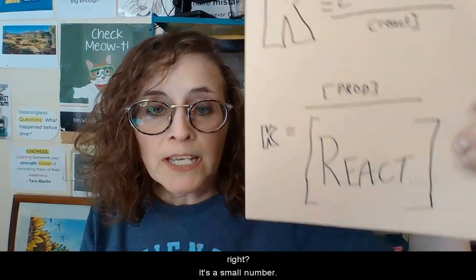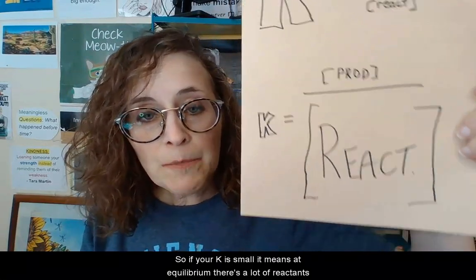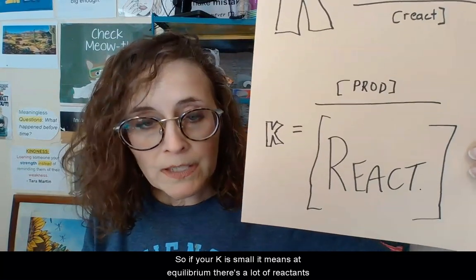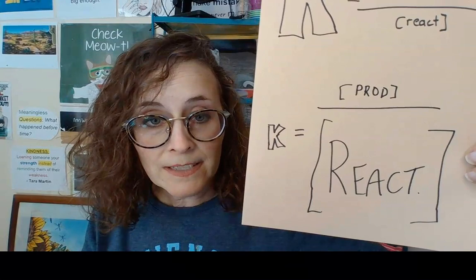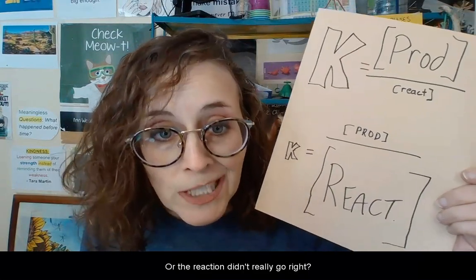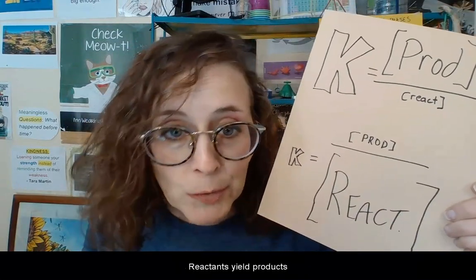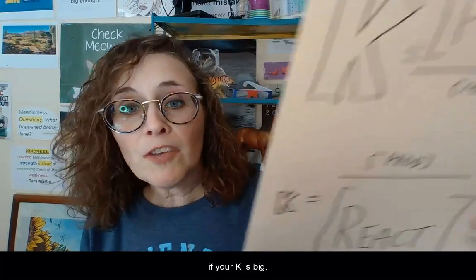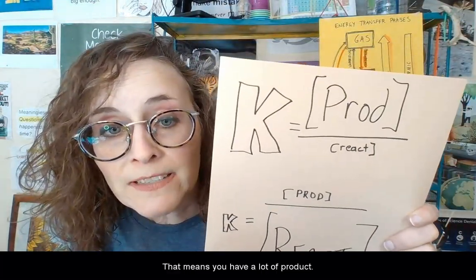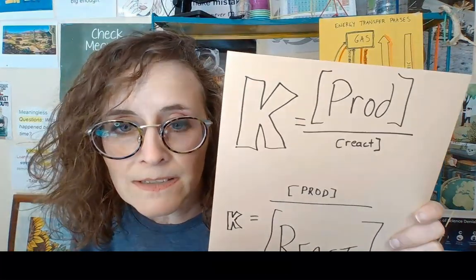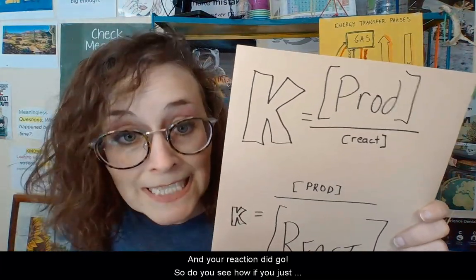It's a small number. So if your K is small, it means at equilibrium, there's a lot of reactants and not a lot of products. Or the reaction didn't really go, right? Reactants yield products. If your K is big, that means you have a lot of products and not a lot of reactants, and your reaction did go.